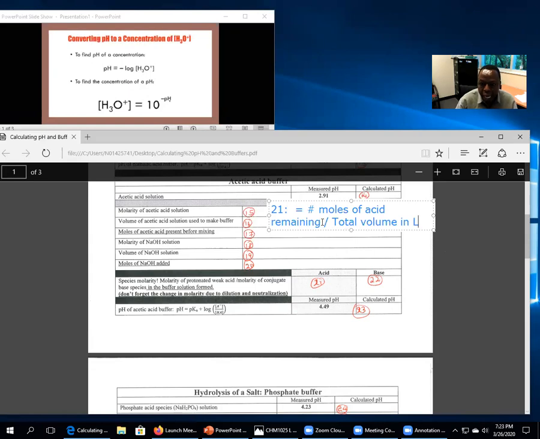Why am I saying remaining? You got to do the math that if I know the starting number of moles of acetic acid before I add, how many moles of NaOH am I adding into this acetic acid? The number of moles of NaOH being added will consume the same number of moles of acid you started with.